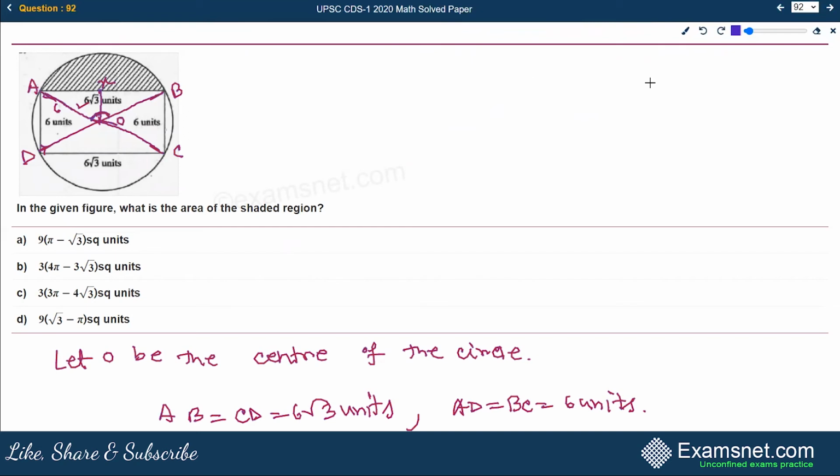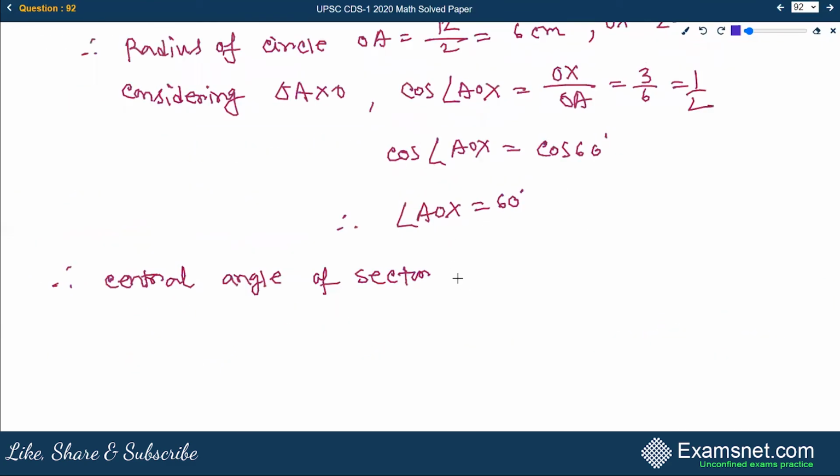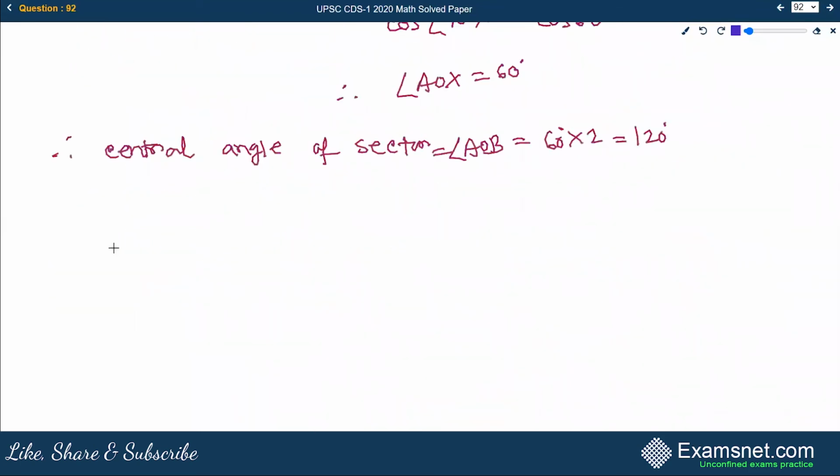So this is a sector. So the central angle AOB is 60 degree multiplied by 2, 120 degree.